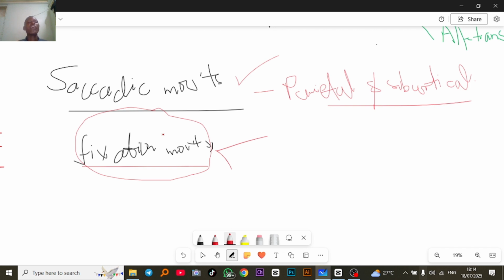However, if I introduce a new stimulus, it would appear as if it's new. So these slight movements that occur within the fixation movements are important in preventing neuroadaptation. These slight movements are part of the fixation movements themselves. You get?